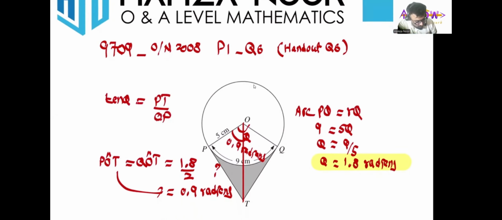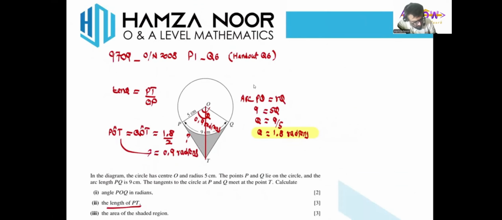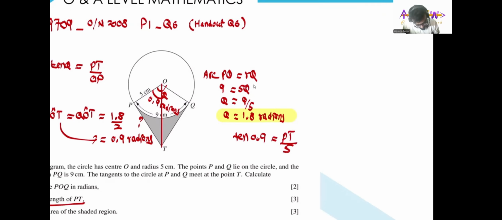So tan 0.9 equals PT divided by 5, so PT equals 5 multiplied by tan 0.9.